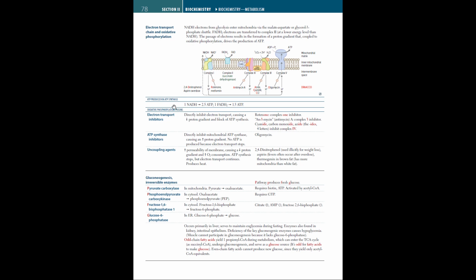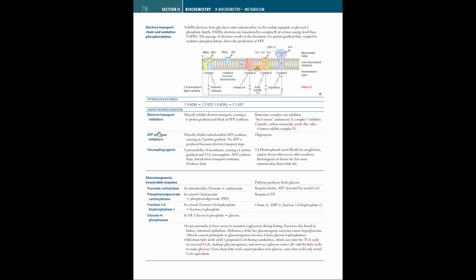Now for the poisons that affect oxidative phosphorylation. Electron transport inhibitors directly inhibit electron transport, causing a decreased proton gradient and blocking of ATP synthesis. So rotenone is a complex 1 inhibitor, antimycin is a complex 3 inhibitor, and cyanide, carbon monoxide, and azide, the ides, inhibit complex 4.